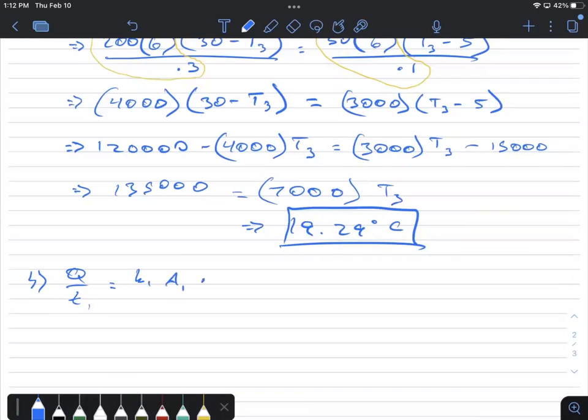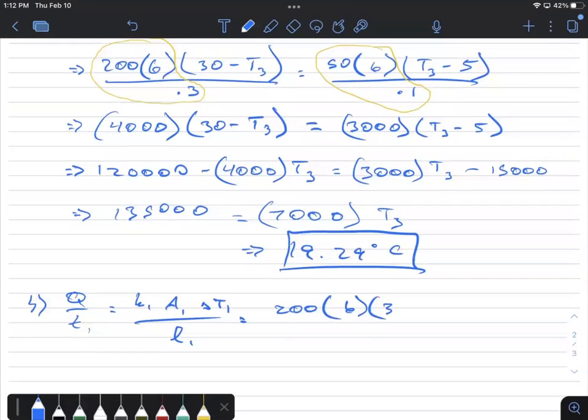K1, A1, delta T1 over L1. K1, 200. A1, 6. Delta T1, remember, 30 on the left minus T3 on the right. But now I know T3. It's not an unknown. So plug it in, 19.29. Divided by L1, which is 0.3.